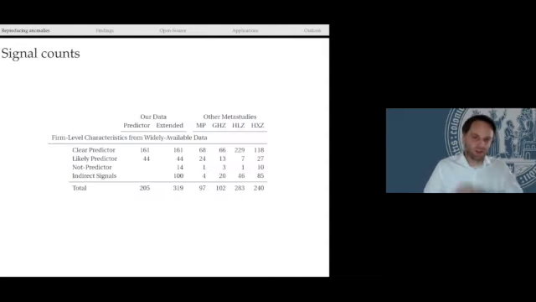Here's our data set. Let's focus on the first 2 columns. Predictors is everything that we classify as clear or likely. This is what we call a predictor. So this makes up 205 different variables in our data set.